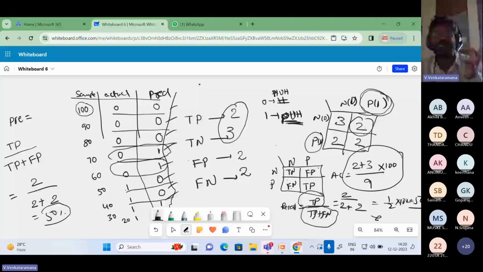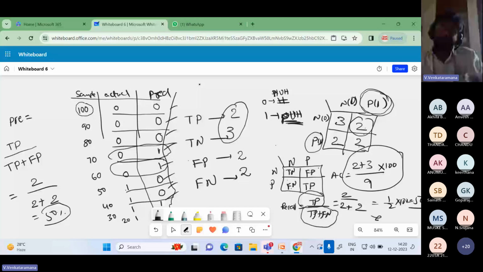That's it. Now we will move into the next topic, called receiver operating characteristics. There is another parameter that is also used to analyze the performance of a machine learning model for a binary classification problem.